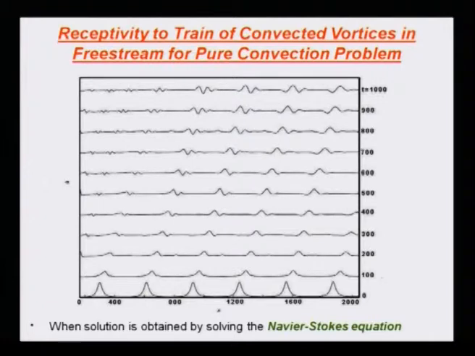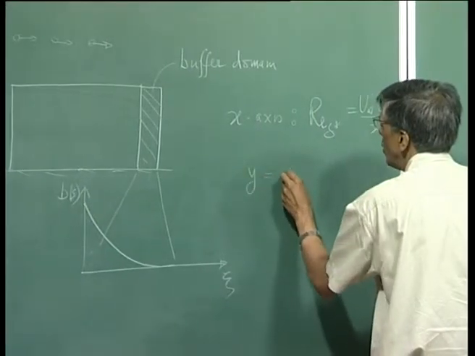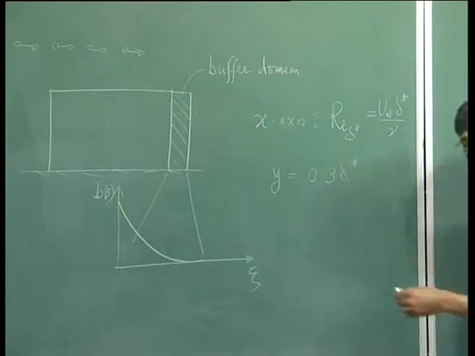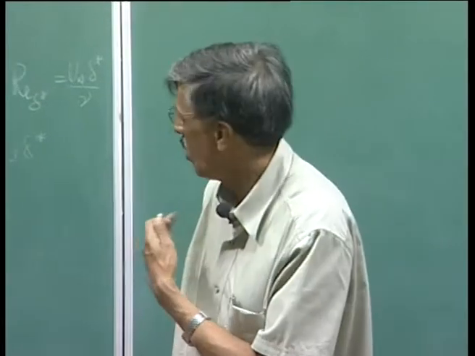You have to realize one thing: what we are seeing here is a disturbance very much inside the boundary layer, because this portrait is at y equal to 0.3 delta star. So this is somewhere close to your inner maximum for your pure TS wave.